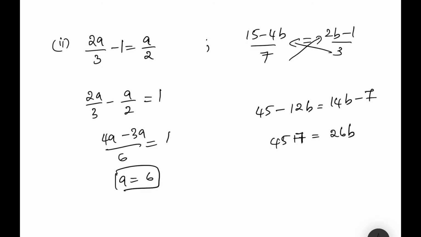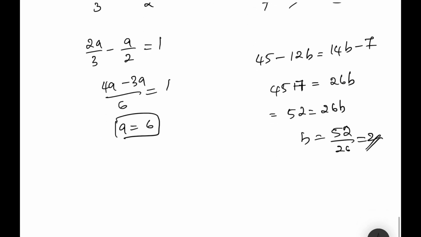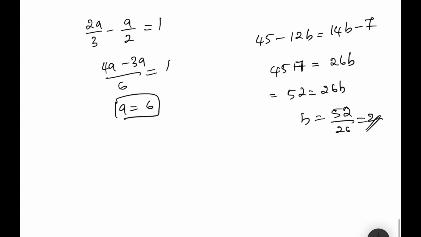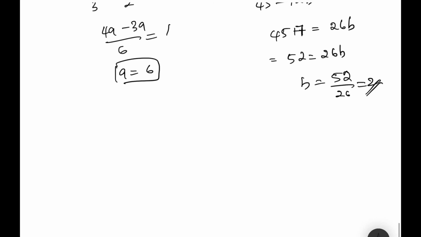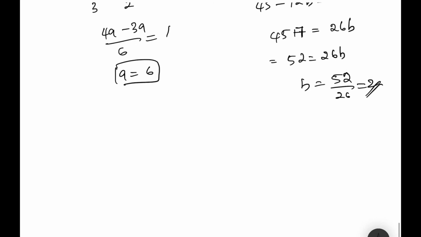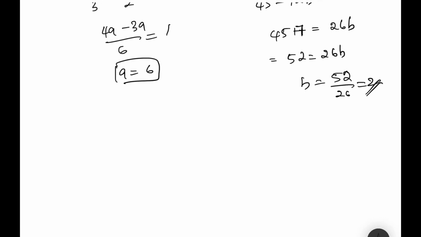So 52 is equal to 26b, and b is equal to 52 by 26, that is equal to 2. So you got the abscissa as 6 and ordinate as 2. Okay. The third sub question you can do yourself. Clear, children?